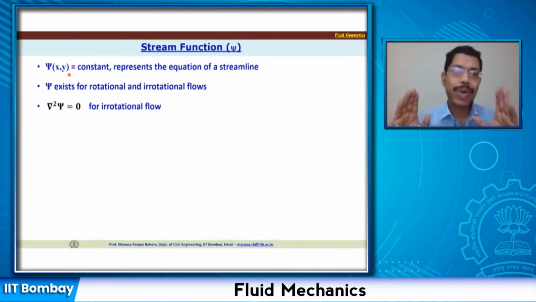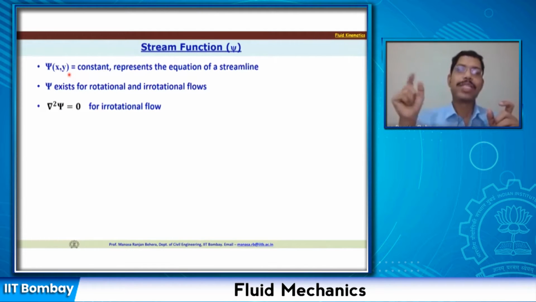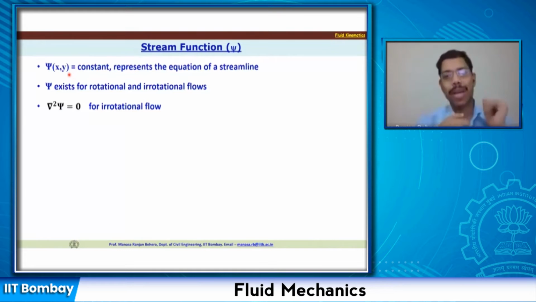So psi of x, y, if let us say the psi function is something like x square plus y square minus 2xy or something, equals some constant c1, then that is going to represent one equation of a streamline, or one streamline. And the same equation, if I equate it to some other constant, let us say c2, will show me another streamline.